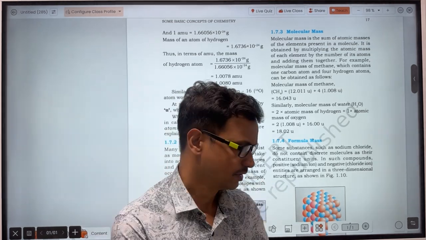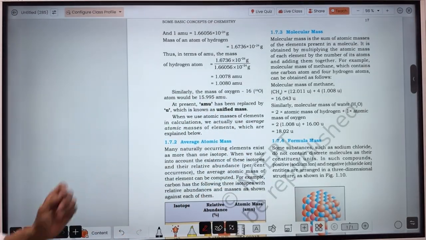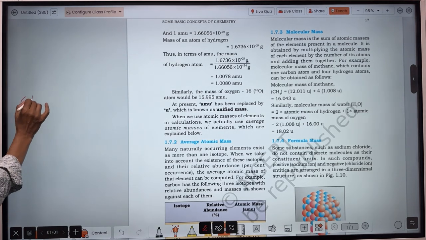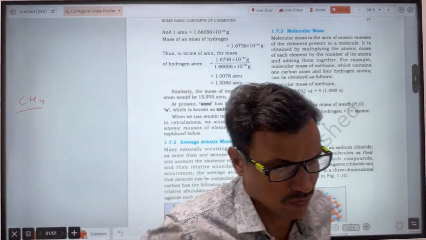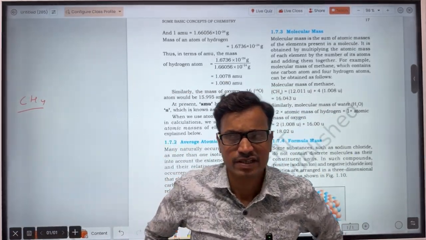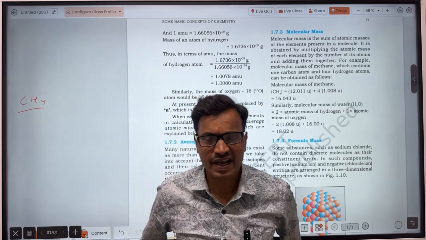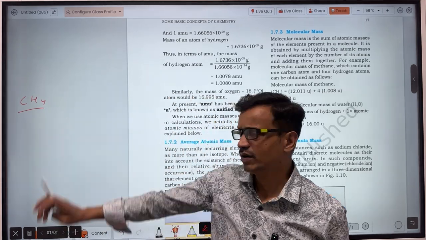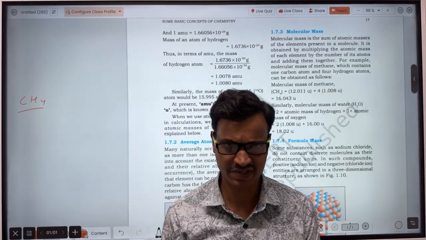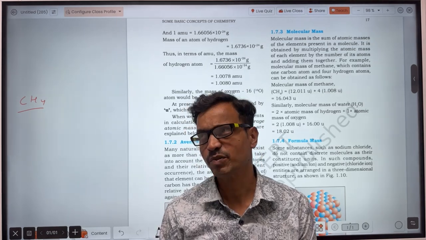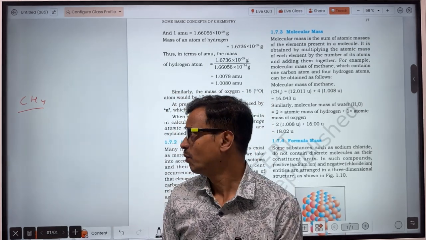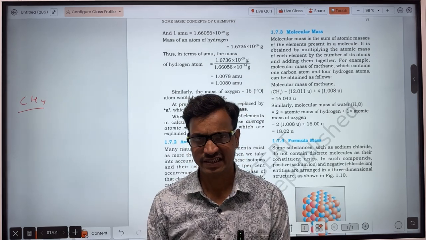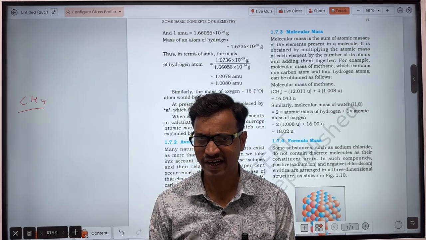Like here, suppose methane is given. How do you calculate its molecular mass? One molecule of methane is composed of one atom of carbon and 4 atoms of hydrogen.